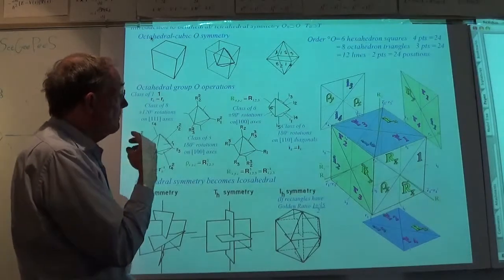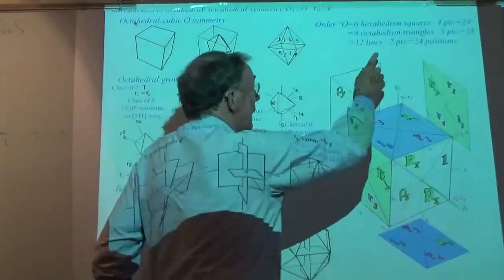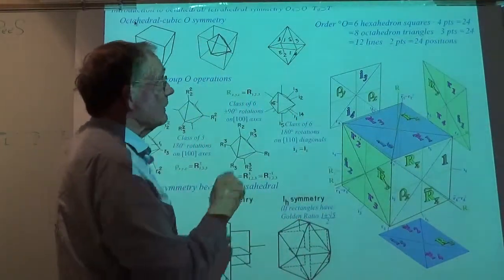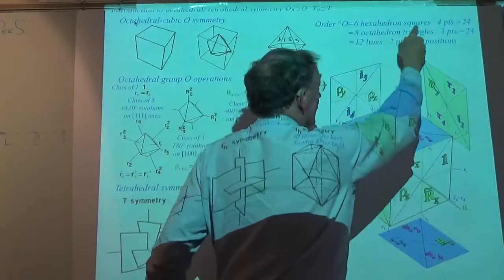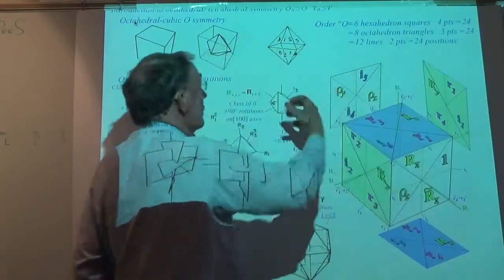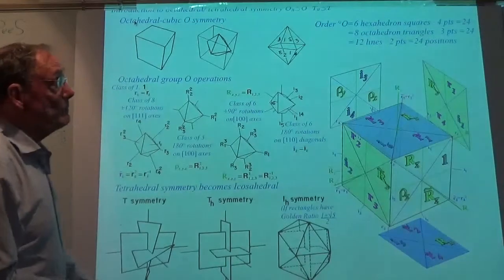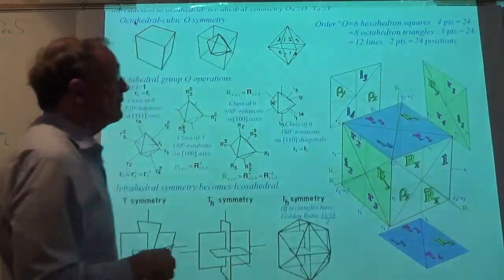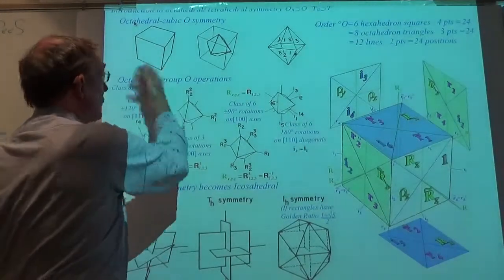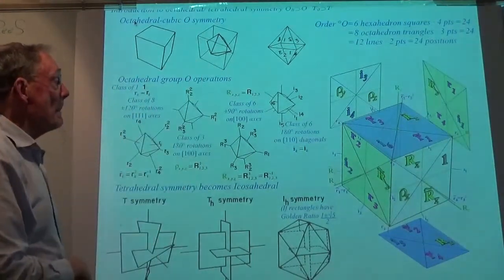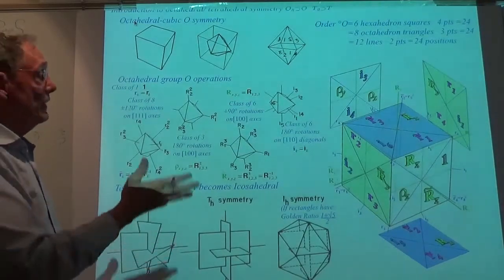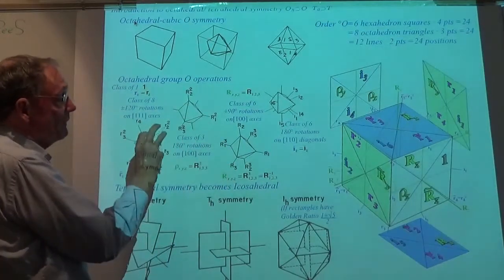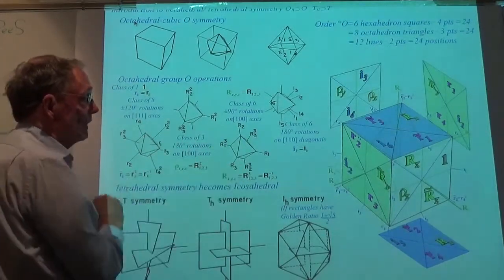And we're interested in both counting the number of arrangements, that is, counting how many different positions I can put an octahedron or a cube. The number is 24. That's the order of the symmetry group that goes with this figure of a cube or an octahedron. And then, on the other hand, the actual operations that take you from one position to another.